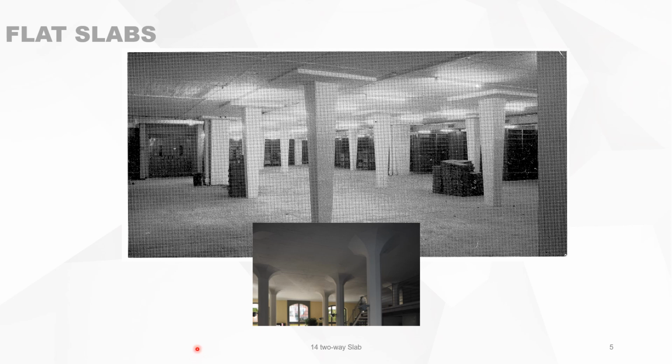A flat slab is a slab supported by columns or walls, but the floor has a uniform thickness and there are no beams. You can have a local thickening of the slab at the location of the supports. This thickening can have different shapes.